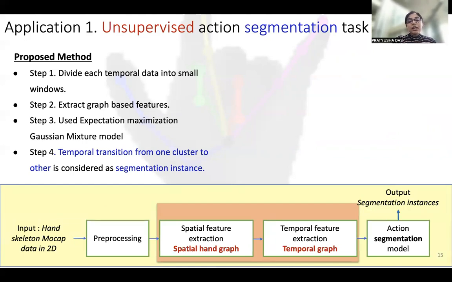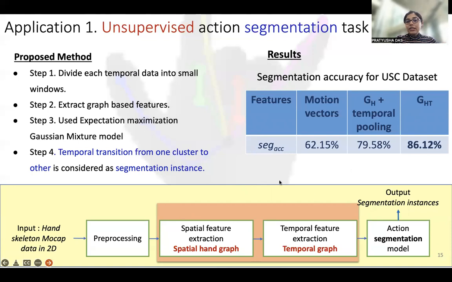Then we use a segmentation model, in this case a clustering based approach, to find the segmentation instances. Our task is, given a series of hand actions, for example if you are working in the kitchen, chopping vegetables, then throwing everything in the pan, I want to find the segmentation instances when I'm moving from one action to the other.